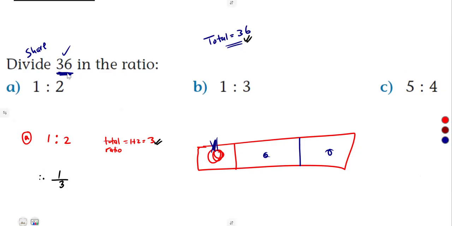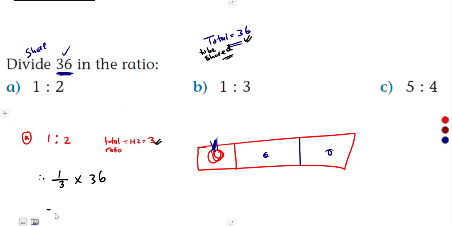We do not know 36 what. So we multiply to 36, the total of what you are sharing. Total to be shared. What we are sharing. So you multiply that.